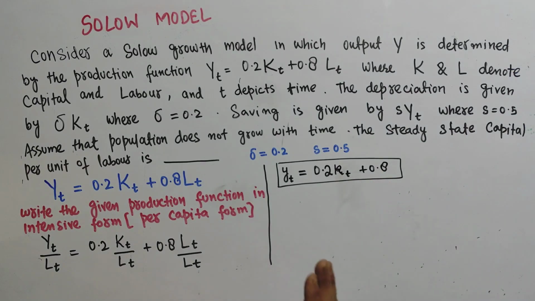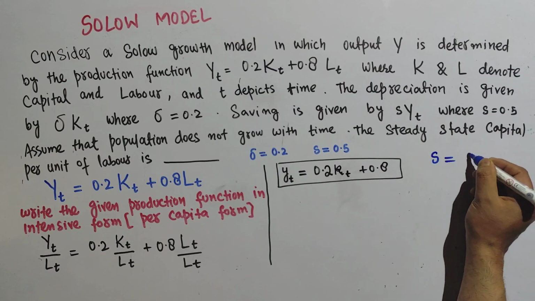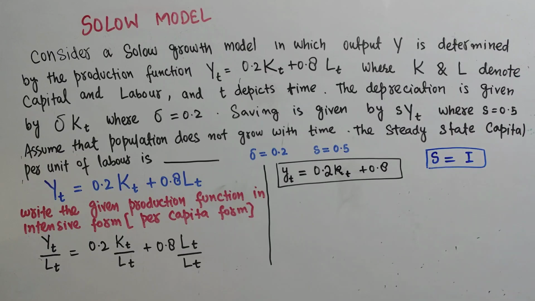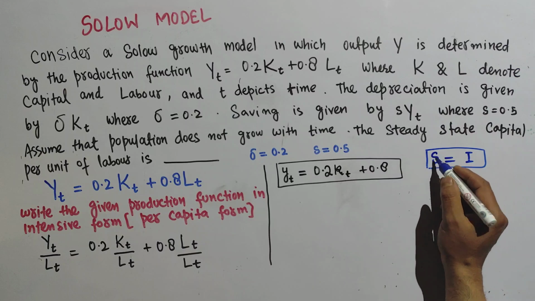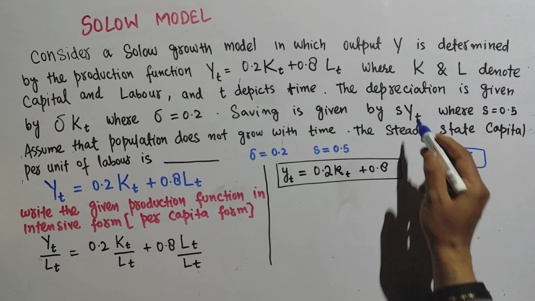Now we also know in the Solow model that savings are equal to investment. Savings are given here as s Y_t.